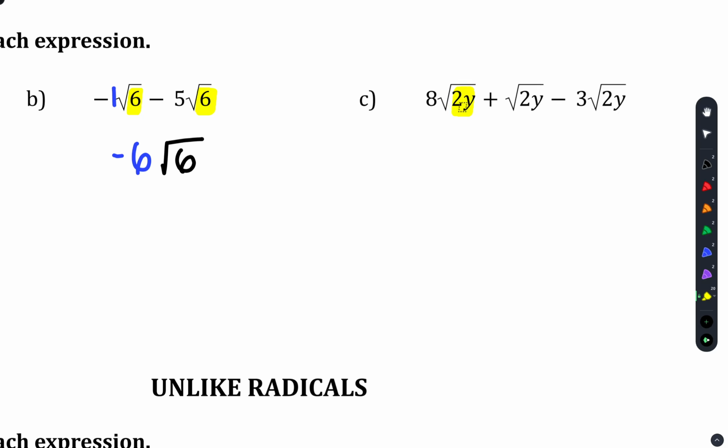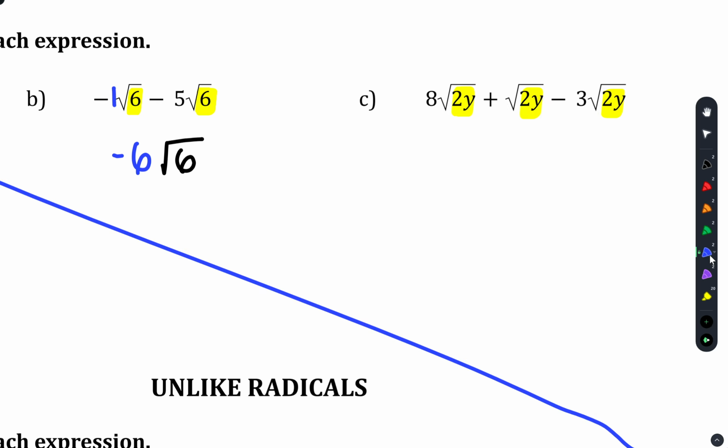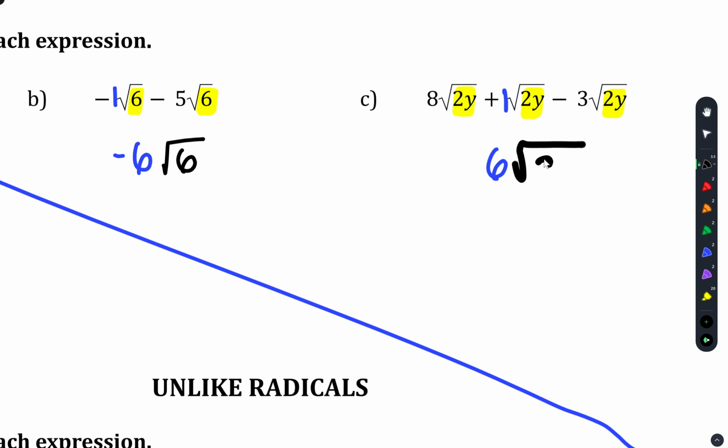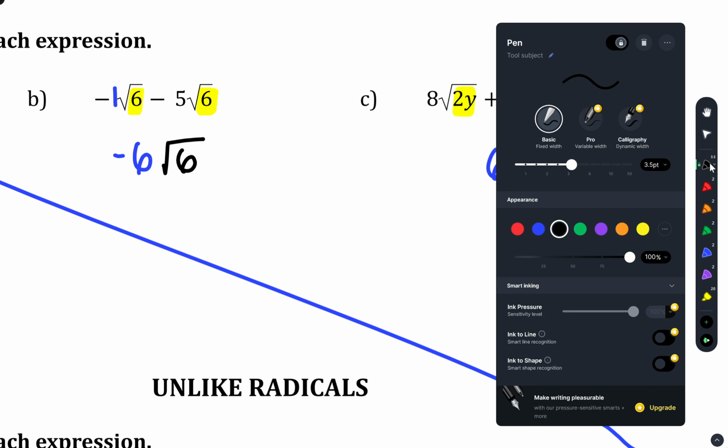Yes, they all are 2y, which means we can add all of these pieces together. I have an 8 plus, this is a 1 here, minus 3. 8 plus 1 is 9. 9 minus 3 is 6. And then I have that radical 2y. That's going to stay there. Any questions on that?